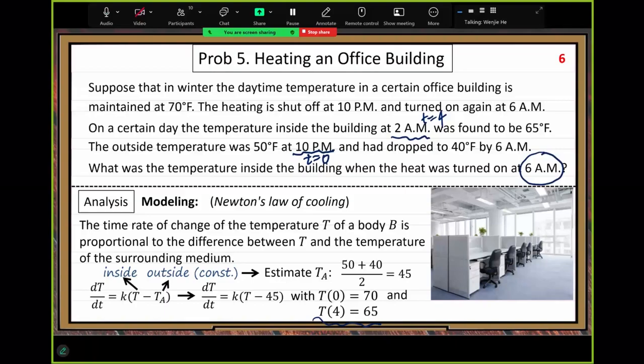Count from 10 p.m.: after how many hours do you get 6 a.m.? 8, right? 2 hours gets you midnight, 12 a.m., then another 6 hours, 2 plus 6, you get t equals 8. So the question is to find T of 8.